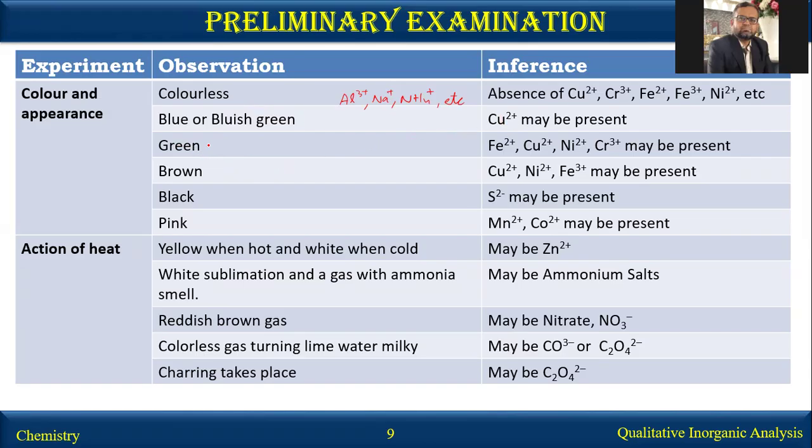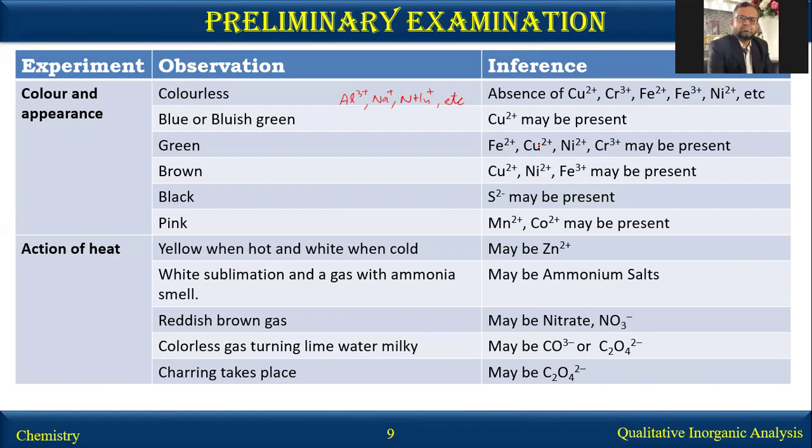If the compound is green, you should remember that there are different shades of green. So these could be iron 2 plus, copper 2 plus, nickel 2 plus, chromium 2 plus, chromium 3 plus may be present. But when you perform different experiments, then you will see the difference in their colors as well.